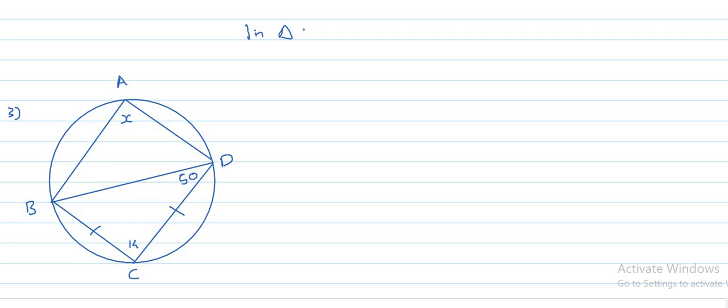In triangle BDC, angle B will be equal to angle D, which equals 50, because we are given that BC equals CD. Then we can write our 50 here.